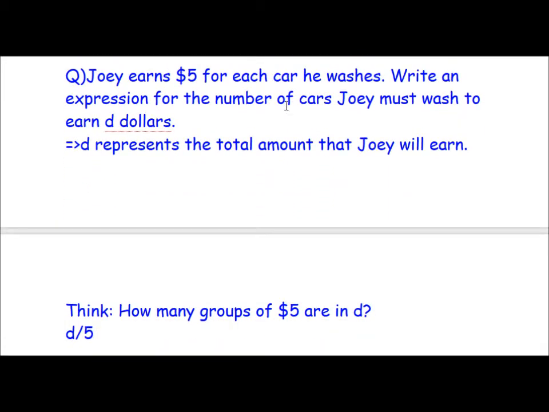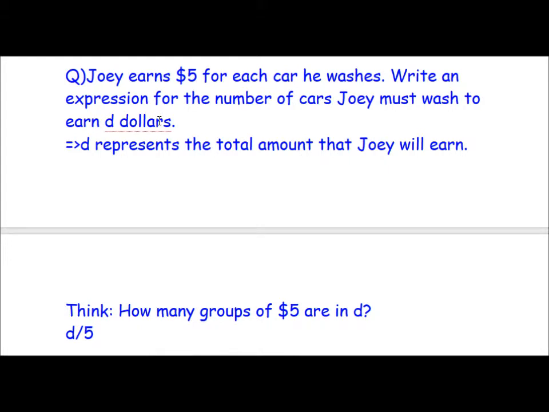Let's do another example. Joey earns $5 for each car he washes. Write an expression for the number of cars Joey must wash to earn $D. You can think of this as how many groups of $5 are in D. Joey earns $5 for each car he washes, and he earns D dollars.